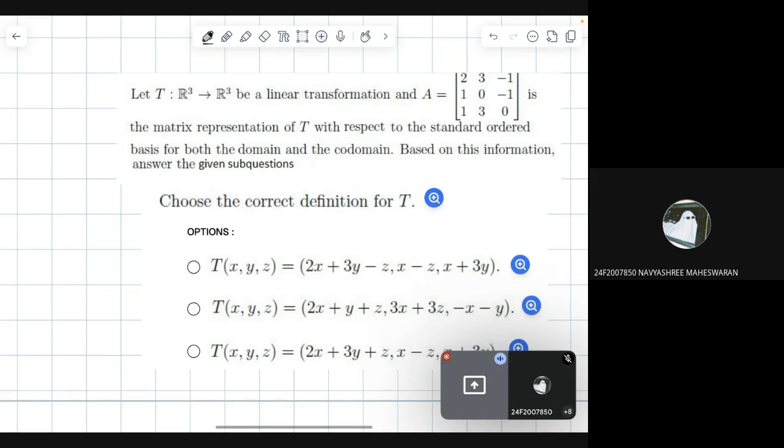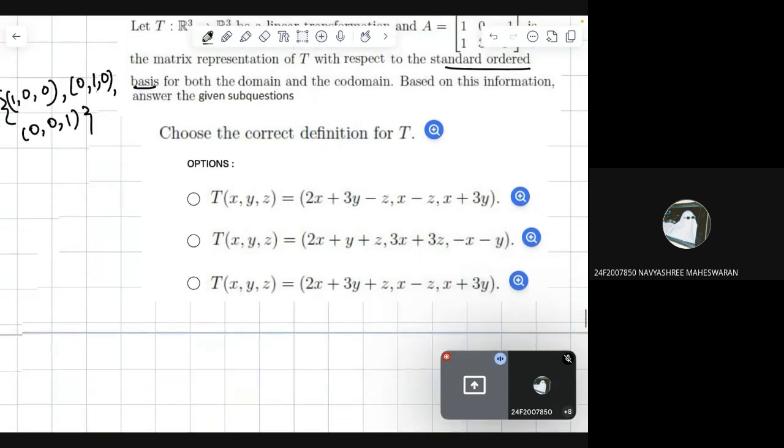Standard ordered basis is 1, 0, 0, 0, 1, 0, 0, 0, 1. So with respect to the standard ordered basis, the matrix representation of T is given in matrix A, for both domain and the codomain. Based on this information, answer the subsequent question.